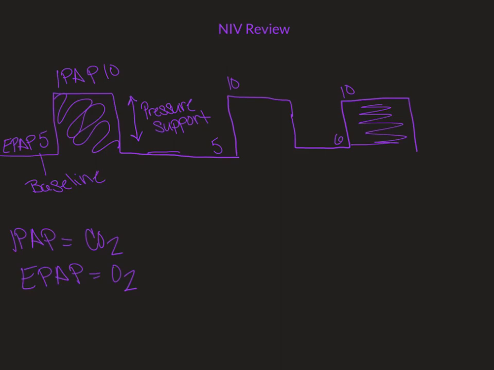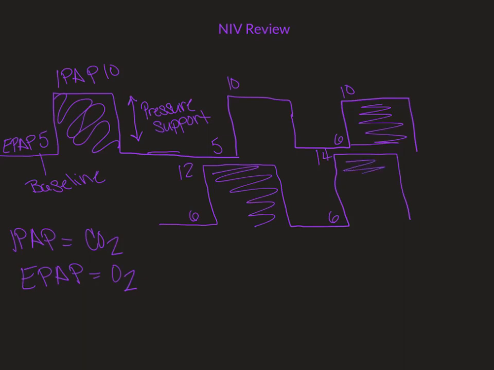If they need to blow off more CO2, then we'll come down here and we'll say that this is 6, and then we'll increase it to 12. So every time you increase IPAP, you're going to increase that tidal volume. So we'll say this one was 12. We're still at 6 here and here. But if we increase it to 14, you can see how much bigger the breath is going to be.